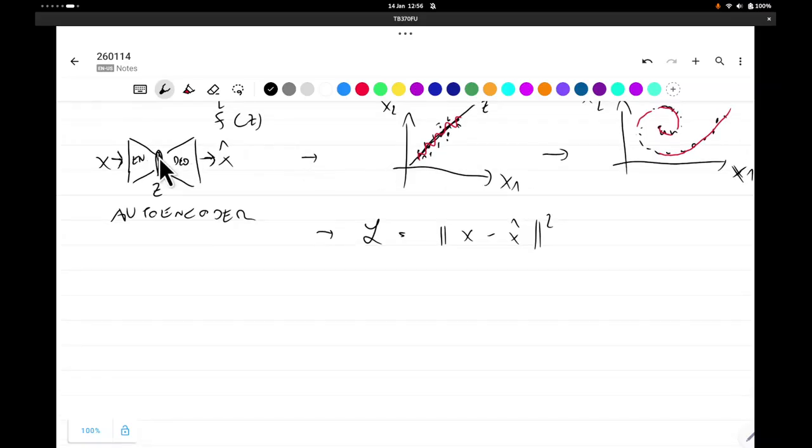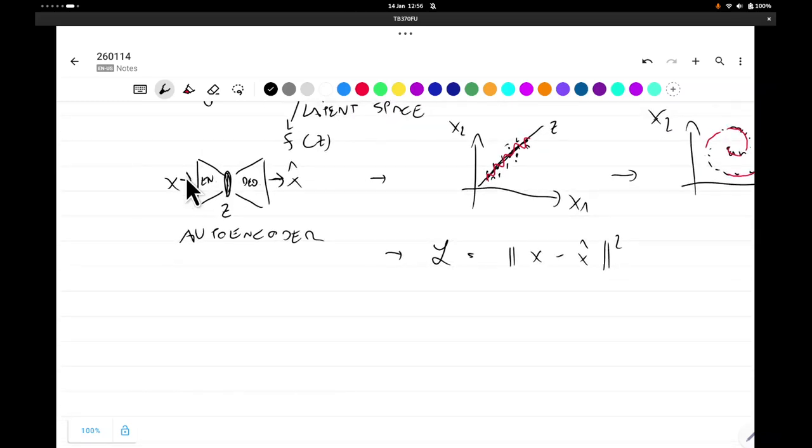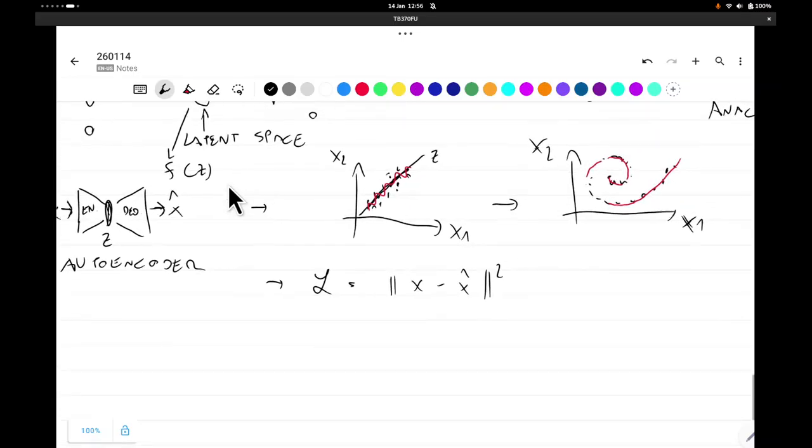First of all, one should note that there would be not only one way to do this. Also, one has to note that the quality of the problem is defined by the dimensionality of this encoding, the Z representation.